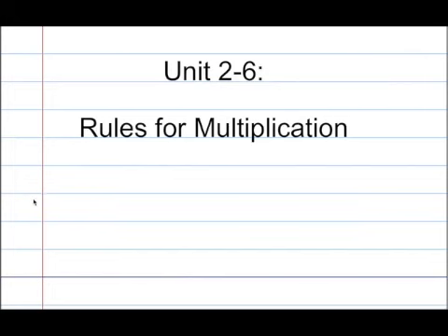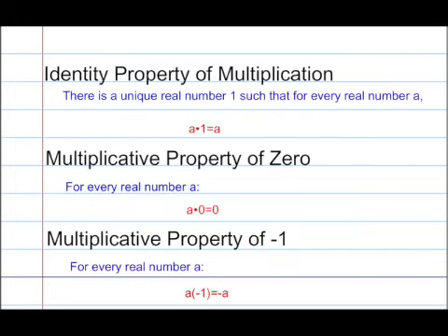Okay, Unit 2-6, Rules for Multiplication. So, the identity property of multiplication. There is a unique real number 1 such that for every real number a, a times 1 is equal to a. So what that is saying is think of any number. Pick any number and test it out on your own. I'm going to pick 3. So my a is equal to 3. You could pick anything you want again. Negative, positive, whatever.